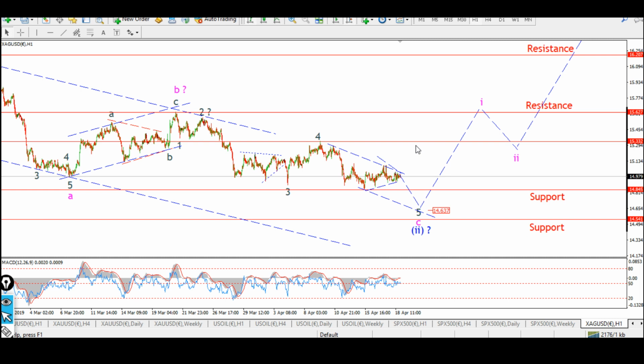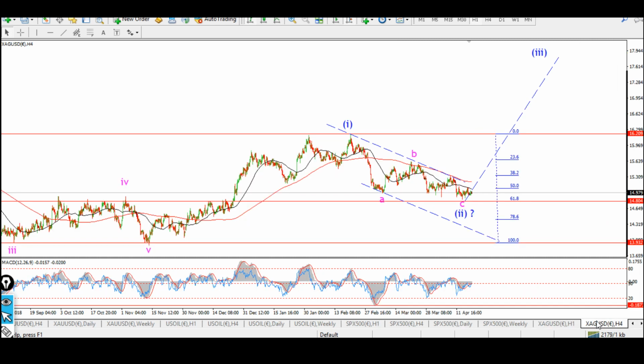Okay, so silver, let's get the 4-hour chart there. Silver, much like gold, I think is actually unfolding in a zigzag, and we'll most likely have one final low within wave 5 of wave C, and then we should head up in wave 3.